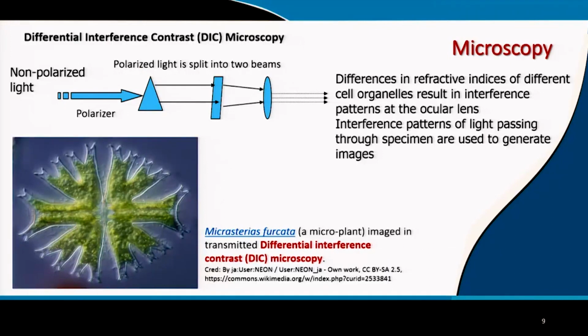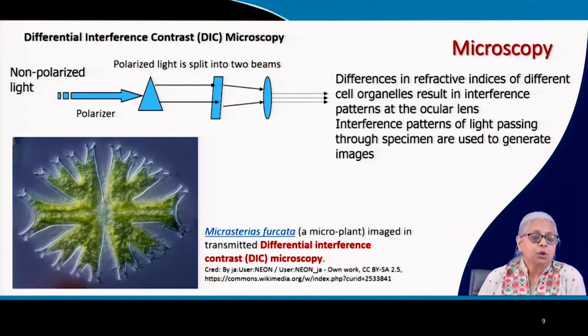Let's move to another method. The next method is called differential interference contrast microscopy, or DIC. In this case, non-polarized light is passed through a polarizer. The polarizer will split the light into two beams.